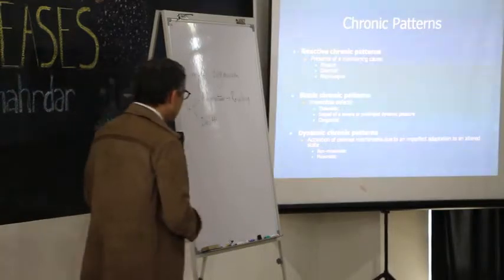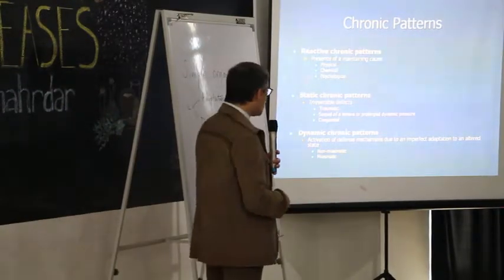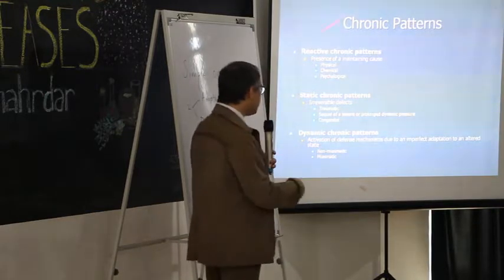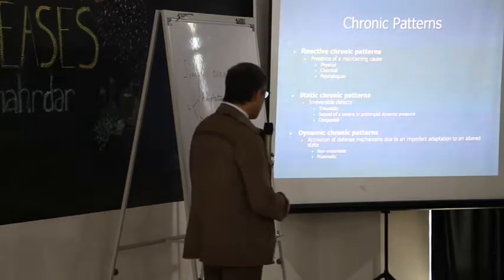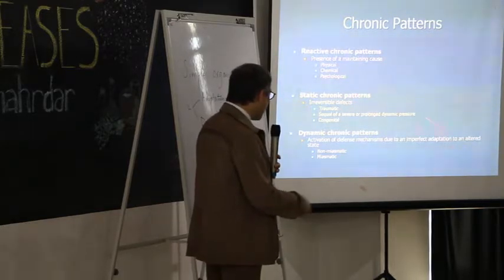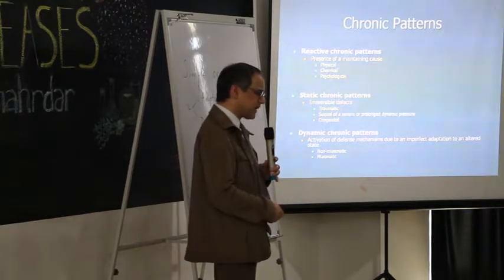You see whether there are maintaining causes, or some defects, or some irreversible defects in the case, or whether you have dynamic chronic patterns. What types of dynamic chronic patterns do you have?